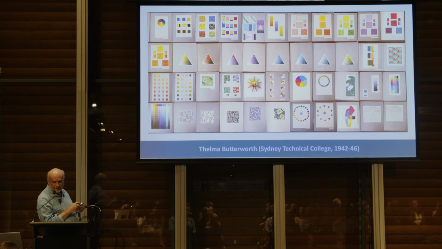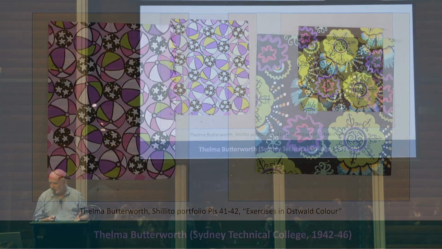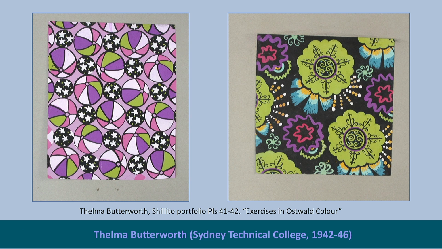And then some of these are design exercises based on using those Maitland Graves value structures, and some are based on Ostwald's theories of colour harmony. They're labelled exercises in Ostwald colour, so presumably applying his theories of colour harmony.